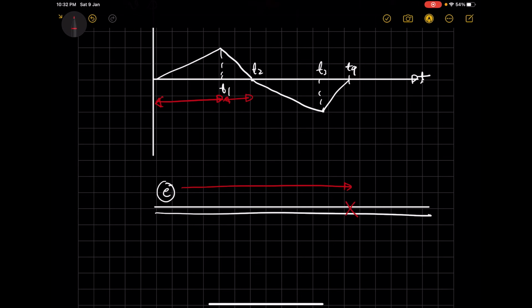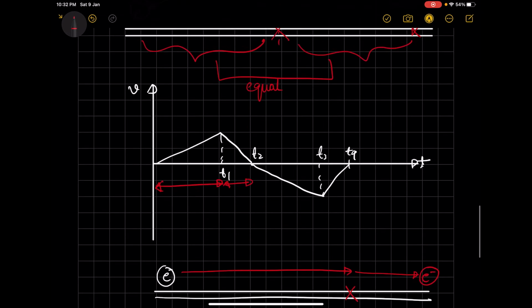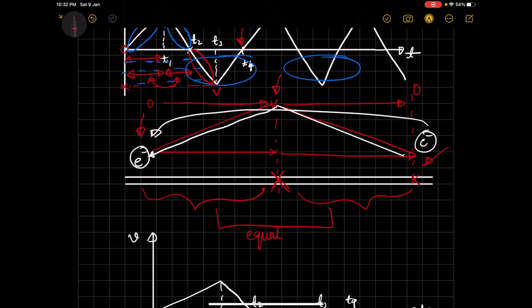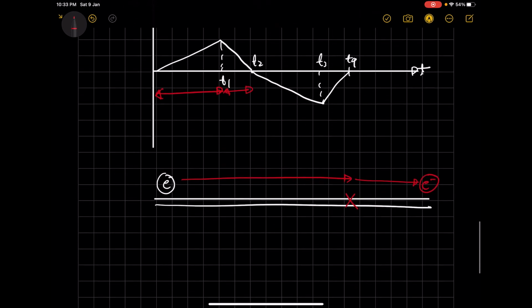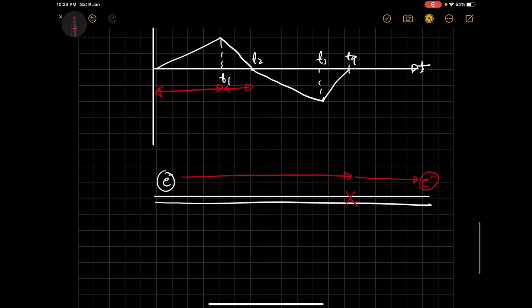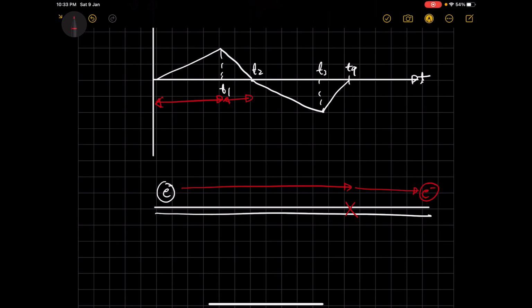After that point, they'll again decrease their velocity and come to a halt. If you remember the previous example, the point where the electron starts to decrease its velocity is exactly at the midpoint in the path that the electron takes. But in this case, it is not so. The electrons will take more time to increase its velocity to a maximum point v, therefore it covers some more distance, and later in the short period of time it will quickly decrease its velocity to 0 and cover a smaller distance.